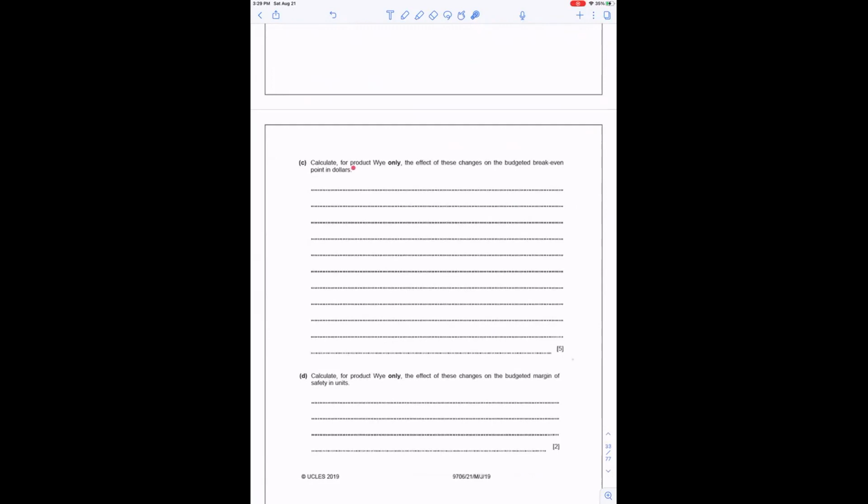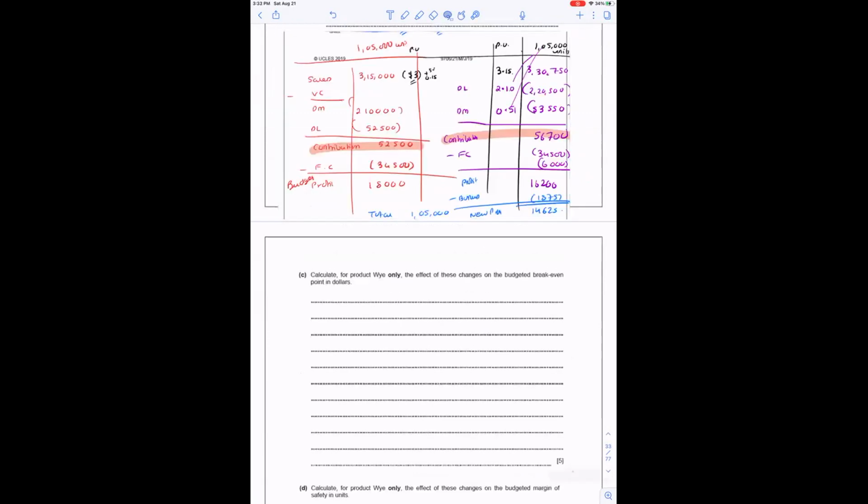Now calculate for product Y only the effect of these changes on budgeted break-even point in dollars. They want me to calculate the effect of these changes on the budgeted break-even point in dollars. So what is break-even point in dollars?